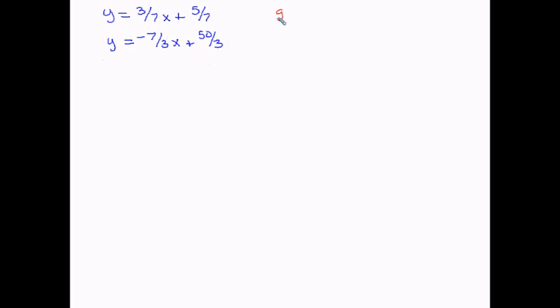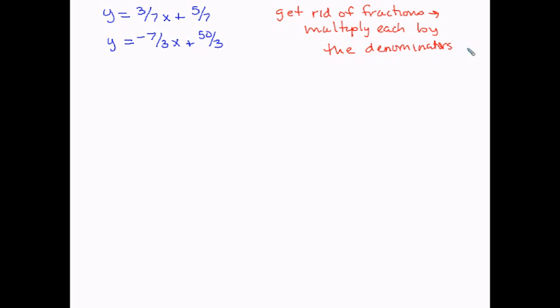So I'm going to get rid of fractions. I'm going to multiply each by the denominators. Okay, so this one I'm going to multiply by 7. And this one I'm going to multiply by 3.